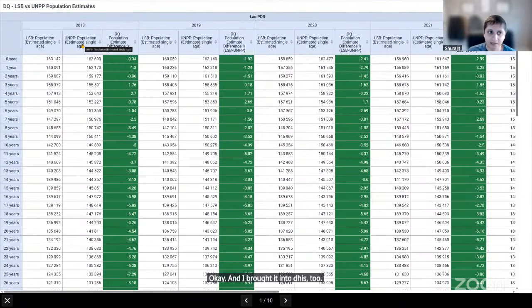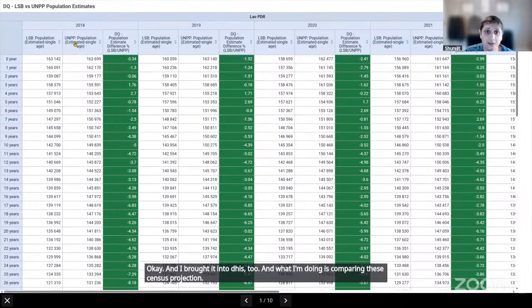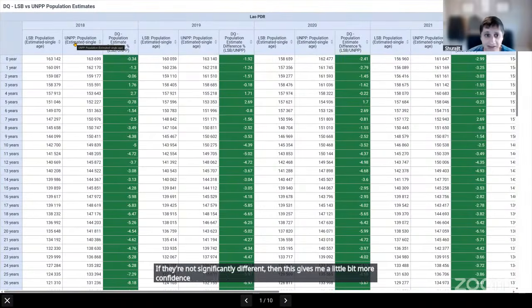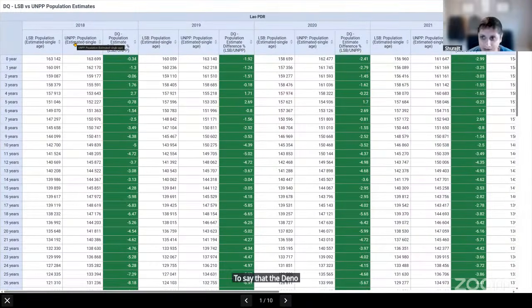What I'm doing is comparing the census projection with the UN estimate. Of course, these would have used two different methods to calculate the population. Then I'm comparing them and saying, well, if they're not significantly different, then this gives me a little bit more confidence, or in this case, a lot more confidence, to say that the denominators I'm using in my indicator formula are valid, right?